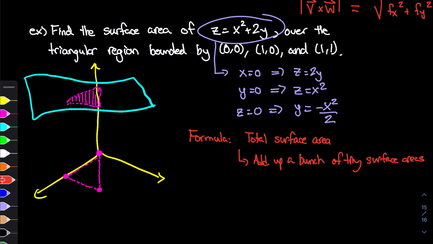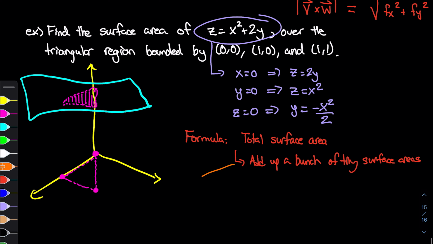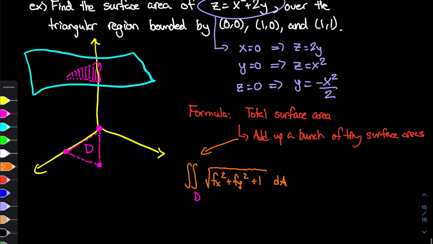And to do that, basically we already evaluated the formula, but we're going to do a double integral over our region of integration, D. We can call this D if you want. And then we have the little formula that we got from doing the magnitude of the cross product of the two tangent vectors that we get at any single point on our shape, with a little dA at the end. So this isn't so bad.